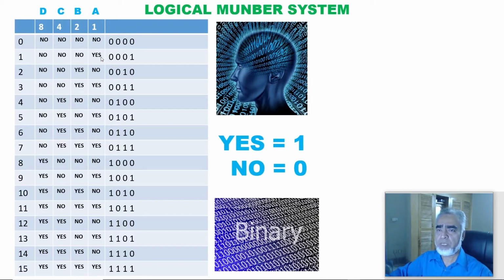If A is present and B, C, D are not there, then we have the value 1. Similarly, by the combination of yes or no and 1 or 0, we can have all 16 combinations from 0 to 15. These numbers are called binary numbers, and the counter is the device which can count from 0 to the maximum number depending on the number of variables.